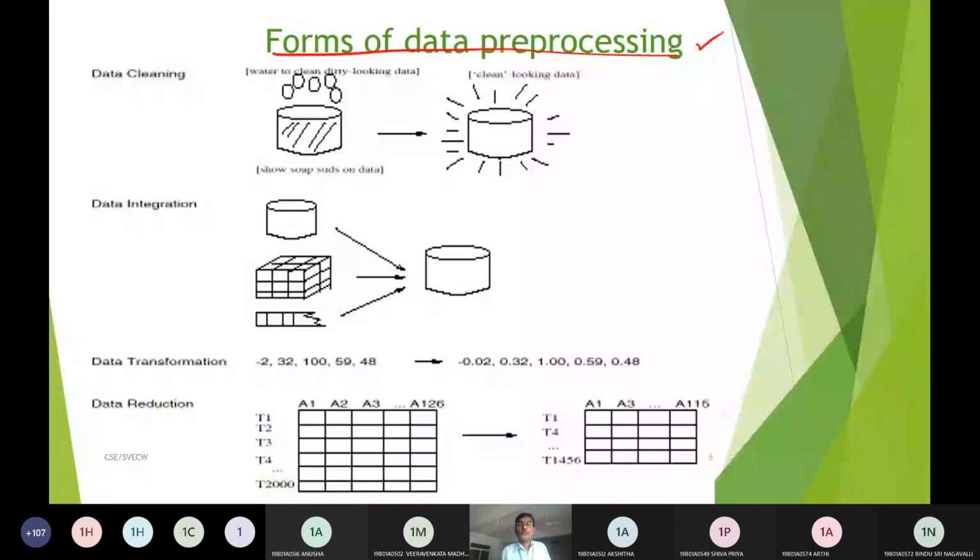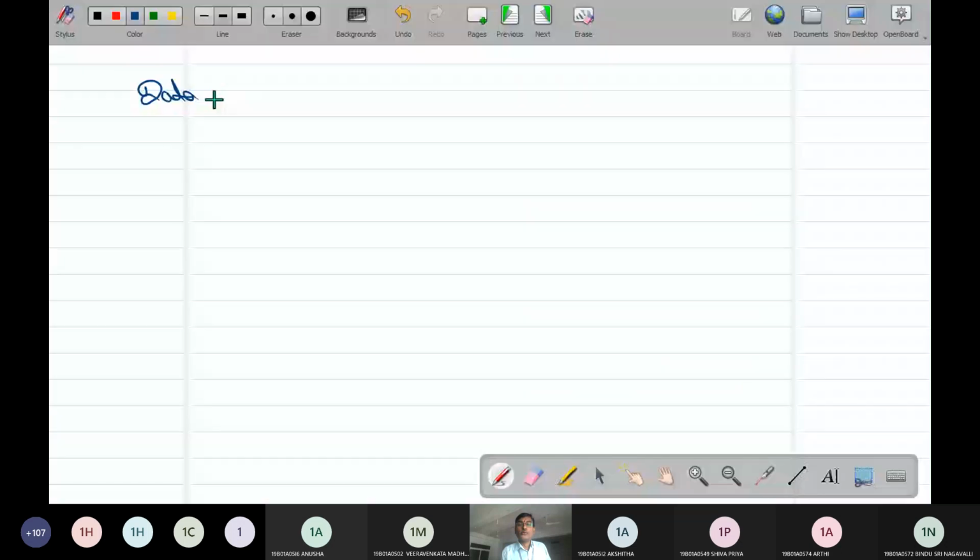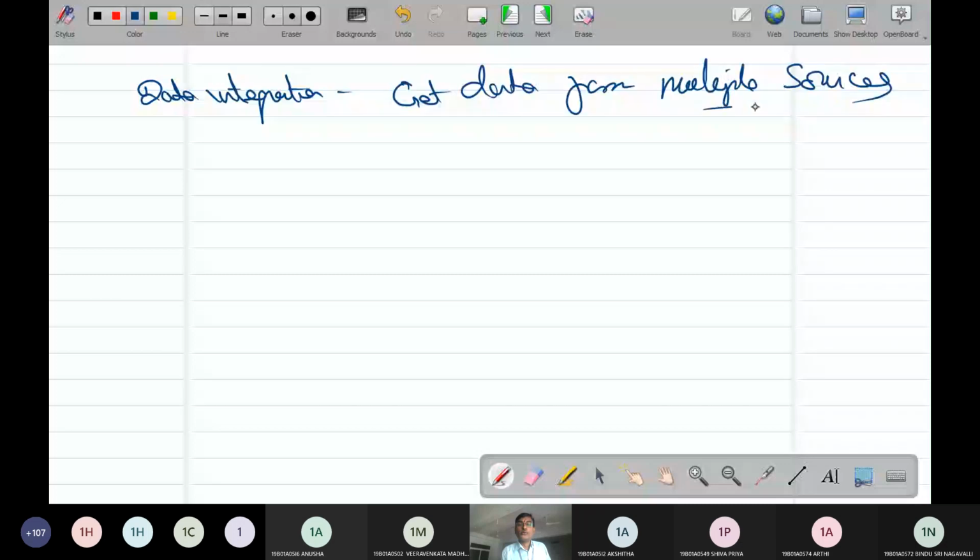I have a class of 60 students, and their mother tongue is Telugu, Hindi, Tamil, Urdu, etc. They speak in their regional language, but I am using English, a common platform through which the language will reach them. So I am going to integrate the class of 60 students into one uniform language. That part we call data integration.